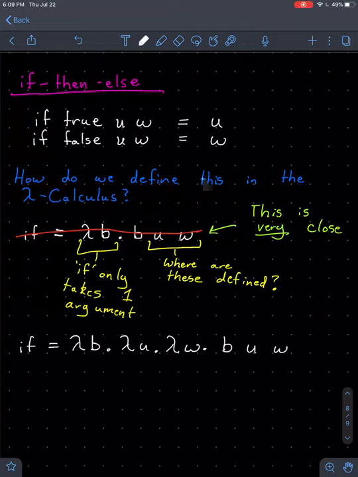All righty. Do we think this works? How could we test it? What could we do? There's only two cases to test, so we could test it pretty easily, I think.